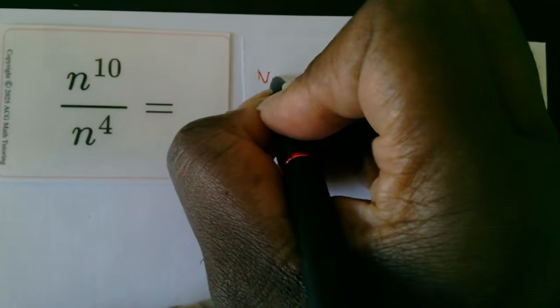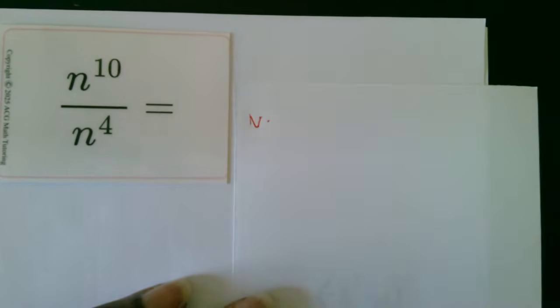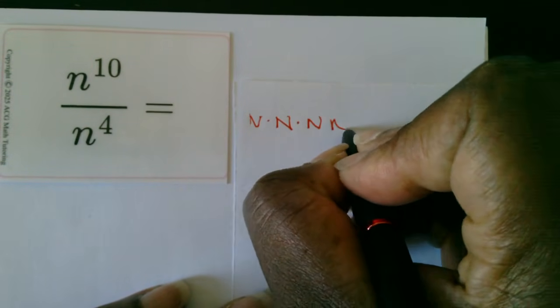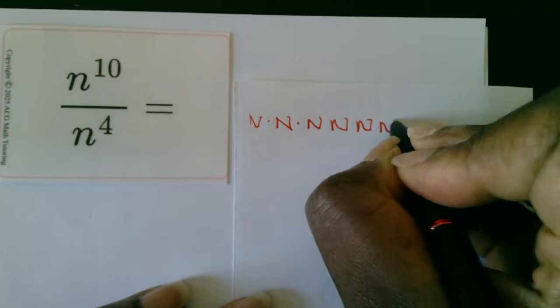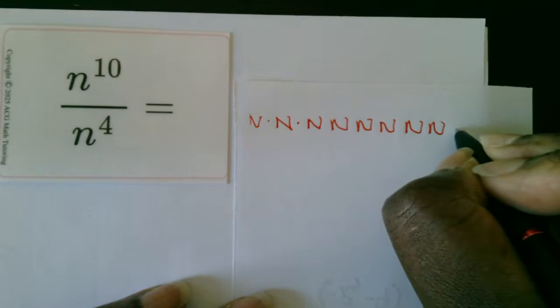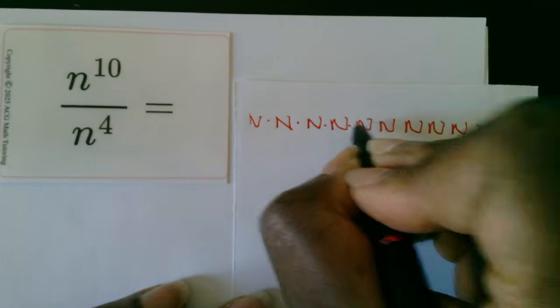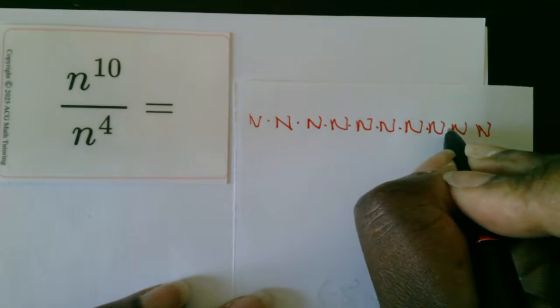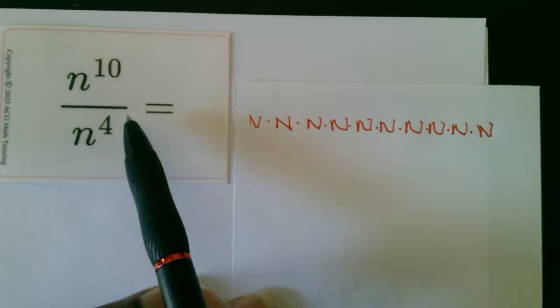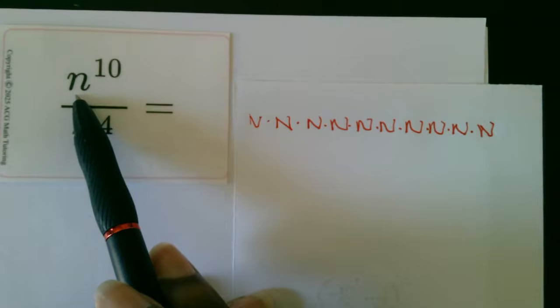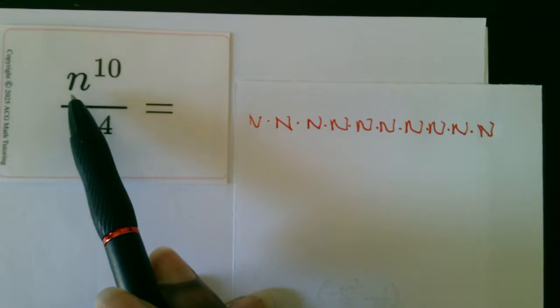All right, so n to the 10th power. I know it gets kind of crazy. The job of the exponent is telling the base how many times it's going to multiply itself.